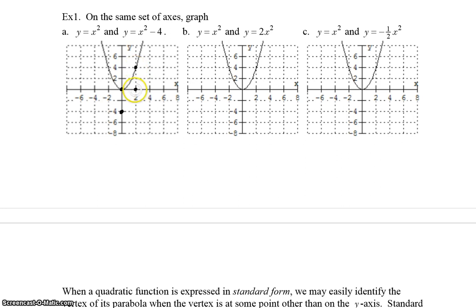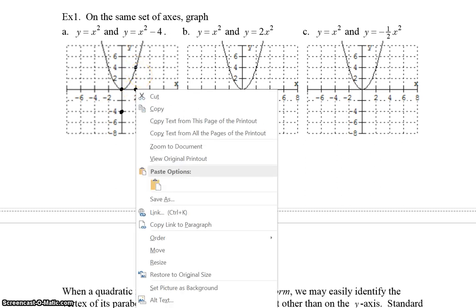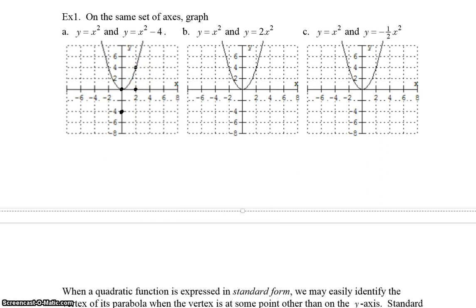Again, 4 units down. And then similarly, another point, so we have a point at 2, 0 and a point at negative 2, 0. And what we would see is something like this.